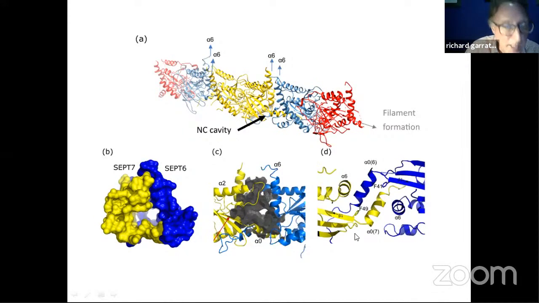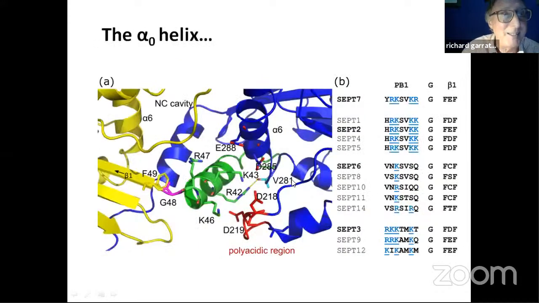Okay, but what's strange about the structure when you look at it in detail, and here we're looking at basically the same thing, but in a little bit more detail, and the yellow alpha helix I've now colored green, just to confuse everybody, no, just to highlight it. And here you can see you have an arginine, a lysine, another arginine, another lysine. This is the polybasic region.